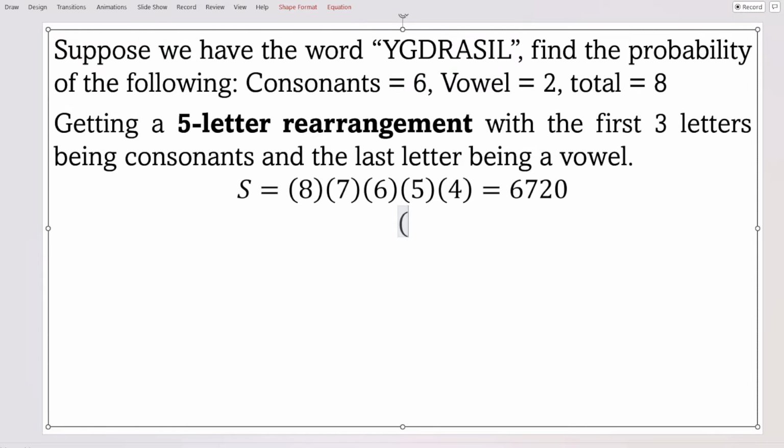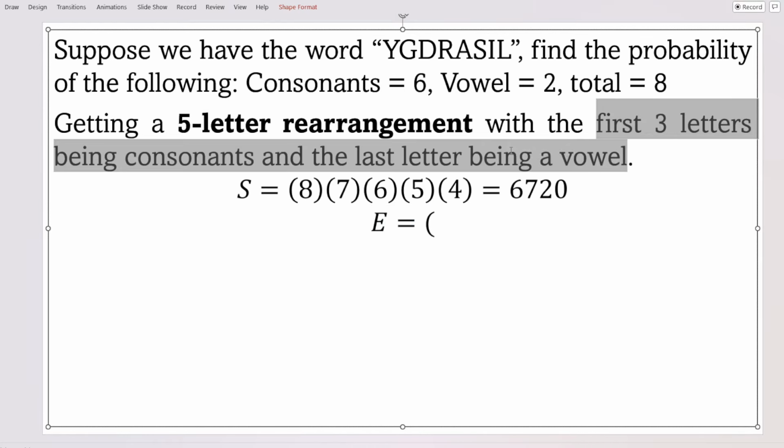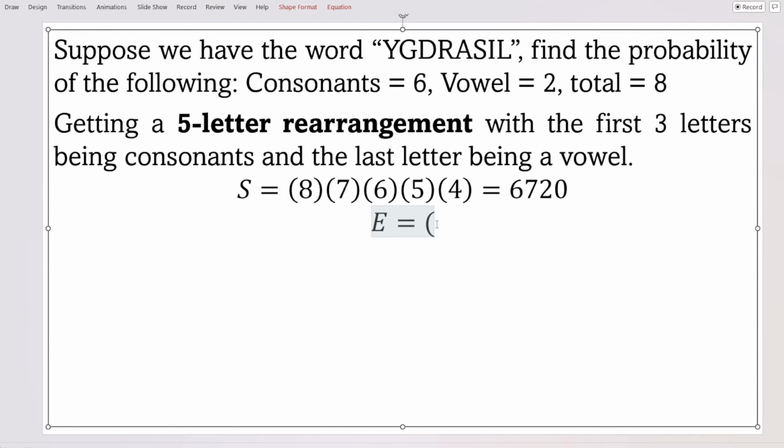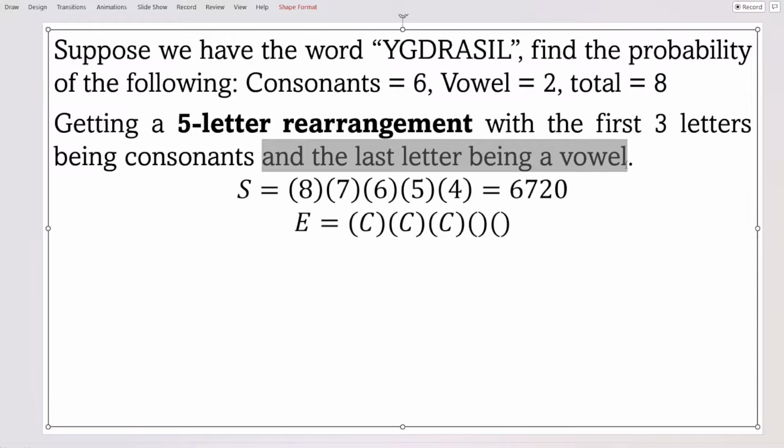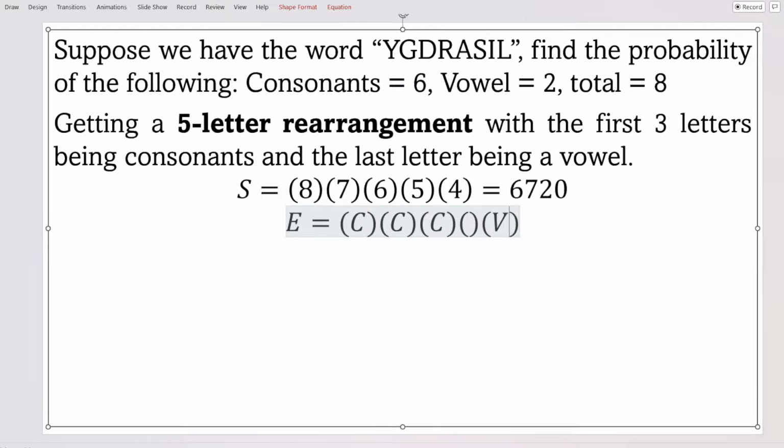And then for E, the event that we are looking for, this is actually a bit hard. The first 3 letters are consonants: consonant, consonant, consonant. And the last letter is a vowel.